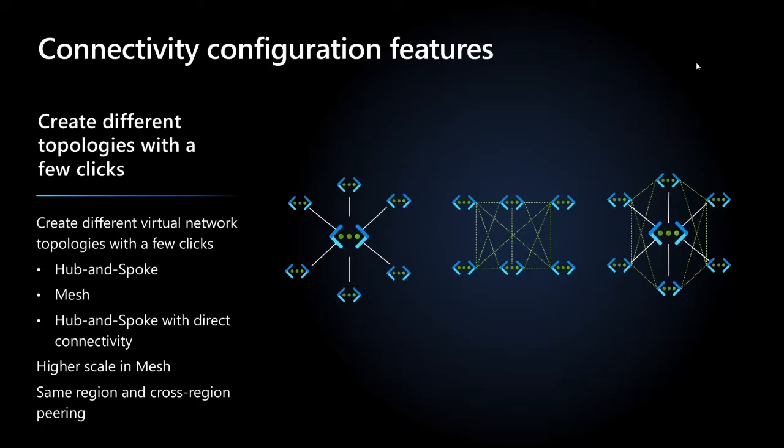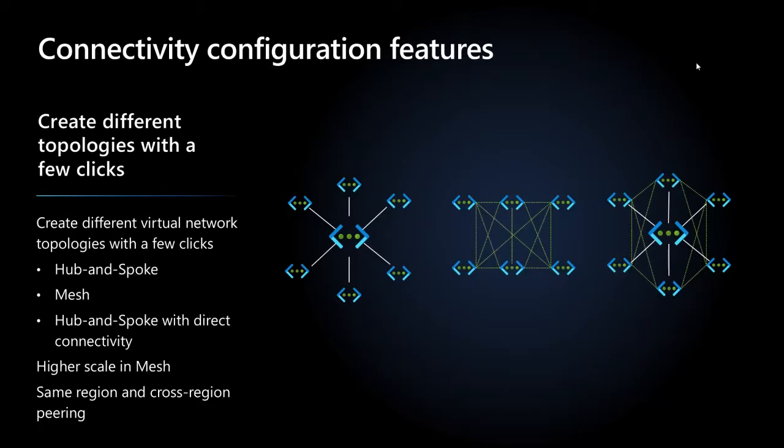On top of that, using Network Manager's capability, you can have higher scale in mesh. For example, in mesh, traditionally in Azure, the limit of peering is 500, meaning one VNet can connect to up to 500 VNets.